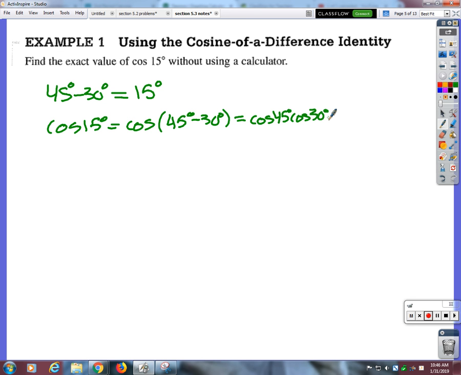Was it plus or minus? I don't remember. Plus, thank you, the sine of the first one times the sine of the second one, okay? And now if you were stranded on a desert island, you could do this because you can draw 45, 45, 90, and 30, 60, 90 and figure it out from that. I'm not going to make you draw those out. You guys have the circle chart that you can just look these up on.